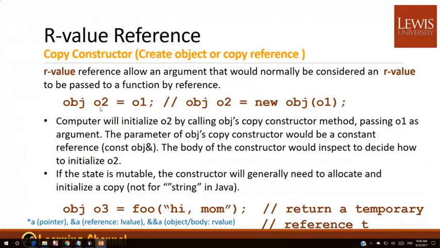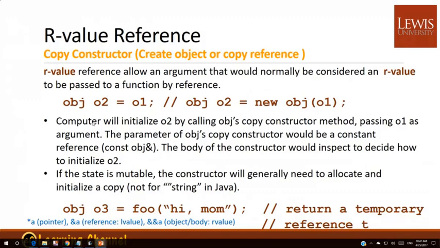Java will be passing the reference, but in C++ this actually means creating a new object copied from object 1, and then assigning it to O2. So these two actually have different copies. We call it the copy reference. And if you want to share the reference, you should create an alias, not use this.